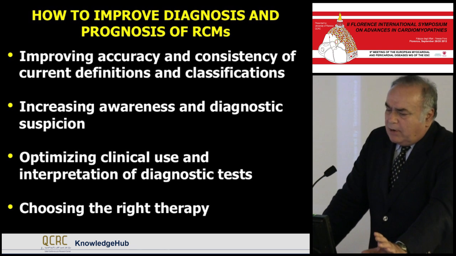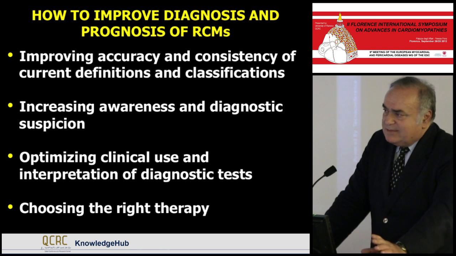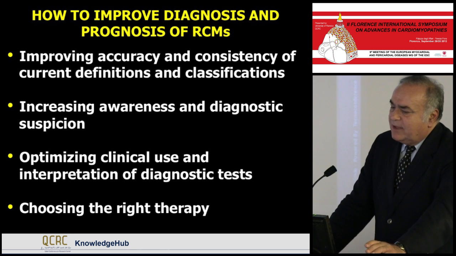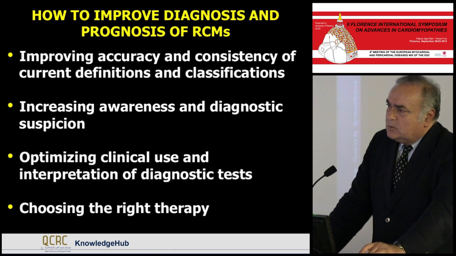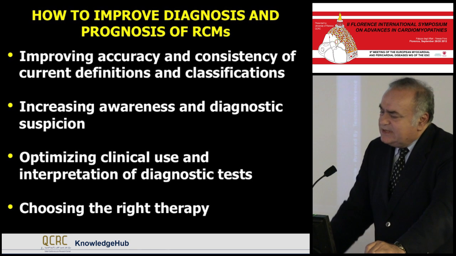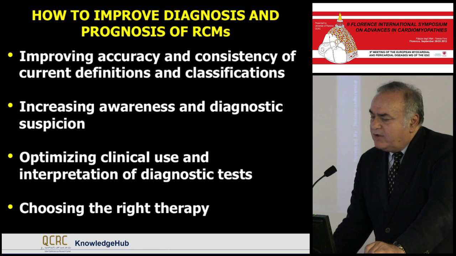As in general, probably there are 3 to 4 ways to improve diagnosis and prognosis in the field of restrictive cardiomyopathy. The first way, the first tool, is, I think, improving accuracy and consistency of current definition and classification.